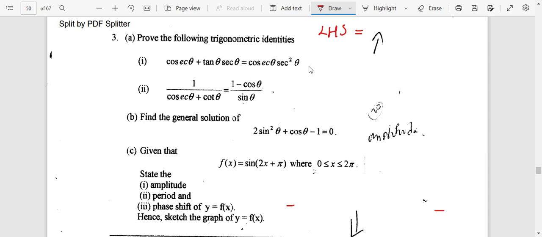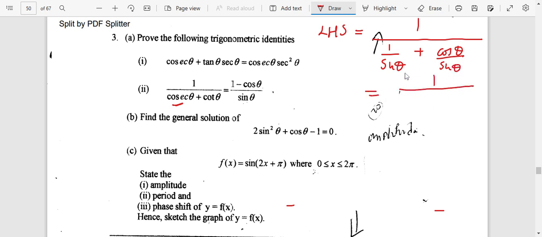So we have got the left hand side where we've got 1 divided by the cosec here. I'm going to write it as 1 over sin theta. The cot, I'm going to write it as cos theta over sin theta. And then we are going to make the denominator a single fraction. Since these two have the same denominator, I'll just add what is on top.